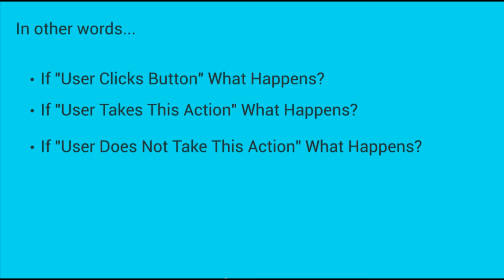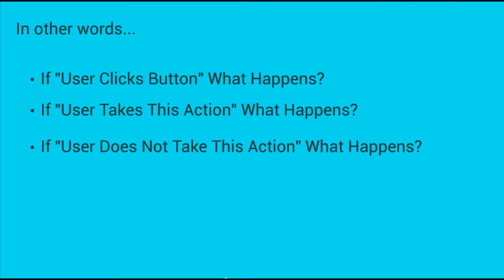You're really going to have to figure out all the steps of the process, and what happens if this happened, then this happened. If this does not happen, then this does not happen. So it's kind of like if and else statements. It's a logical flow: if this happens, then that happens.